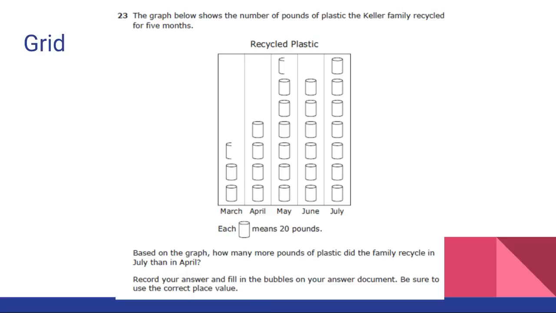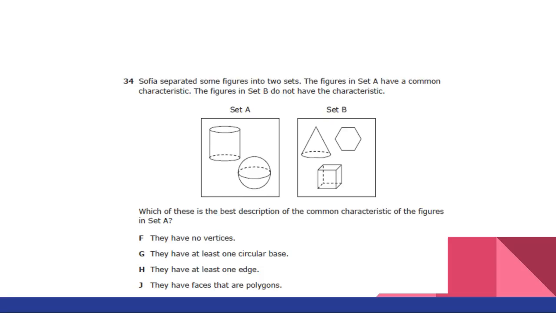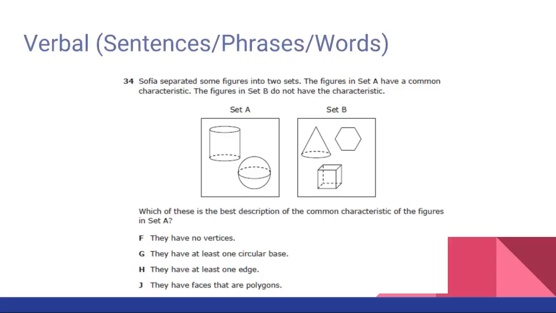But I do want you to notice that there is a graph in the middle of the question for the griddable. This was kind of a new format for a griddable. Okay, look at 34. Yes, this does have words, so this is verbal. It has sentences.